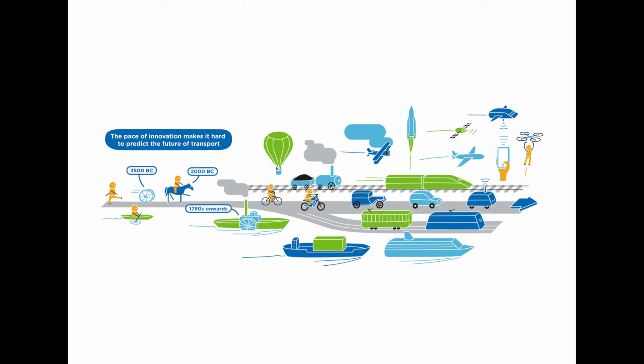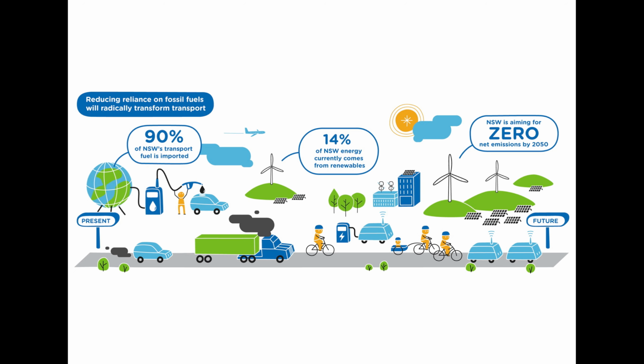So we were creating a bunch of content to bring their policies to life, and the reasons why they were doing it: why we need to be thinking about the future in different ways, one of the reasons being the rapid change of technology.